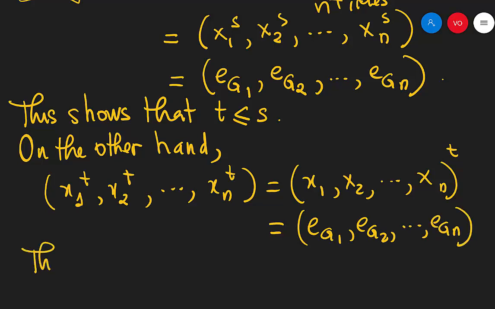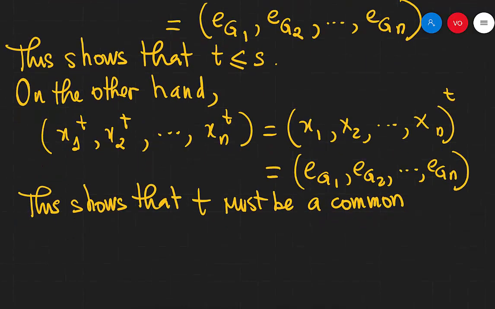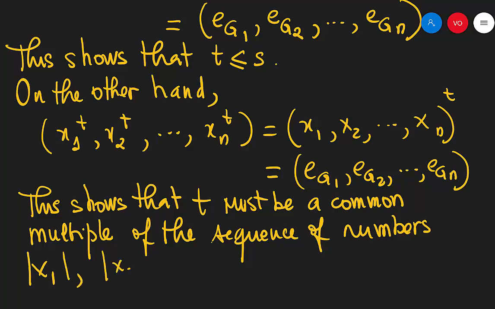This shows that T must be a common multiple of the sequence of numbers: the order of x1, the order of x2, all the way till the order of xn.